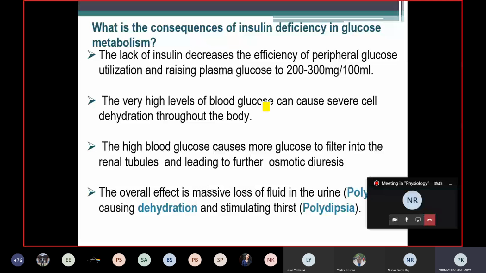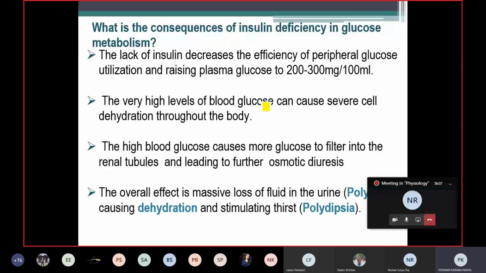And this blood glucose now is going to filter into the renal tubules, and in the renal tubules it will create an osmotic effect of glucose, and thereby greatly decrease the tubular reabsorption of the fluid, or you can say there will be osmotic diuresis, and the overall effect will be increased loss of fluid in the urine, which is called polyuria.